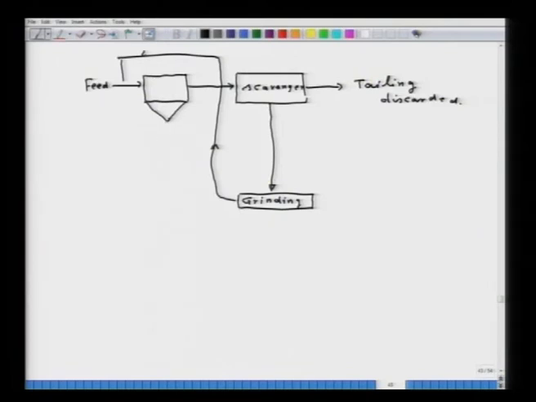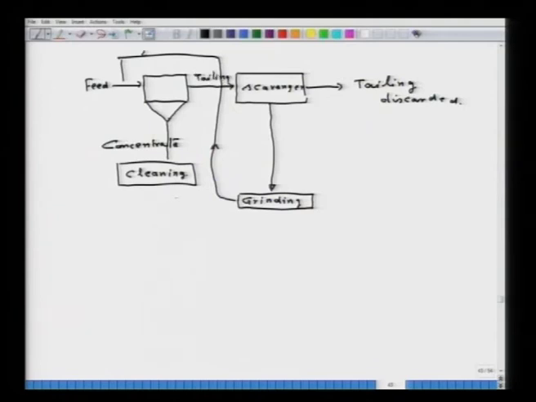And from the concentrate, it enters into cleaning, that is the concentrate. There is a concentrate, here is the tailing.